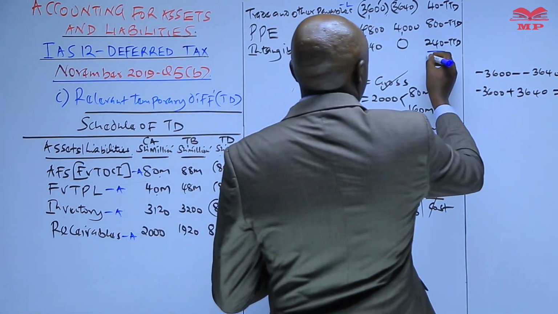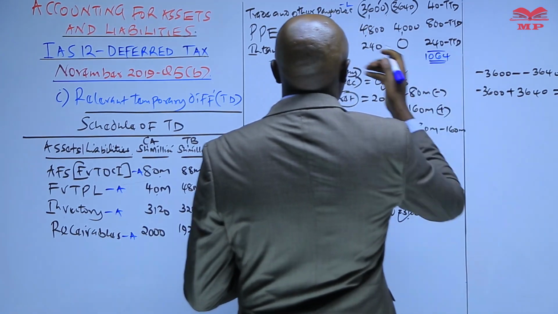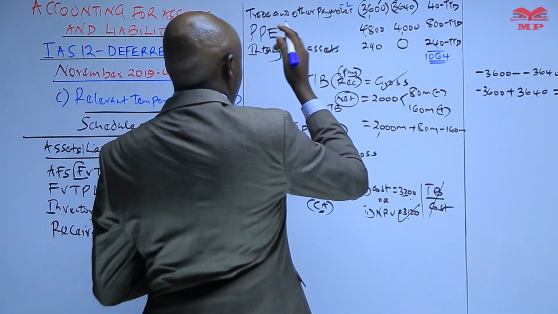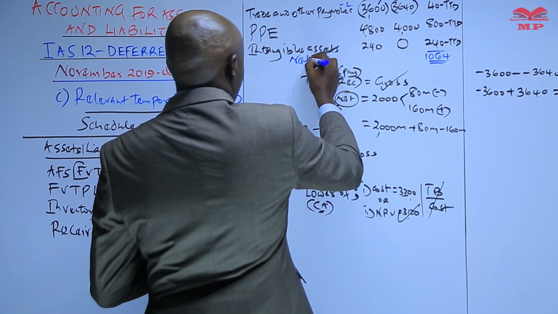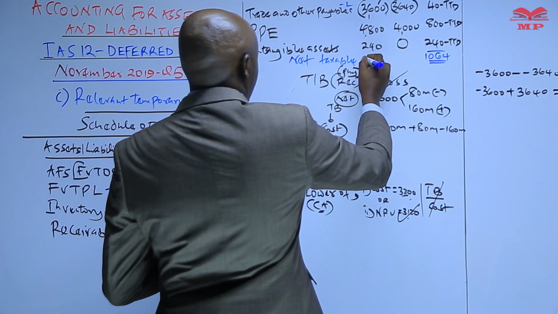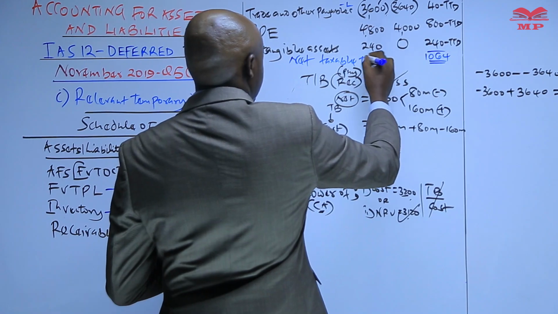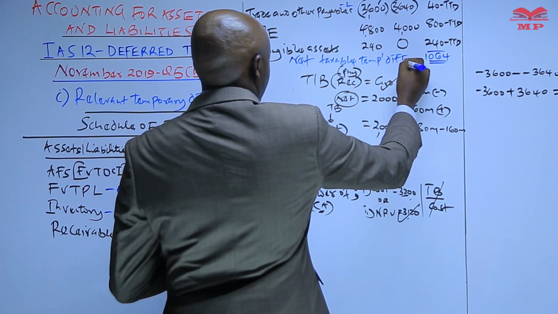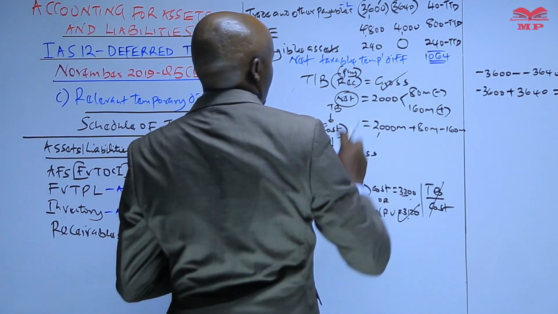So that will give us a final figure here of 1064, which is a positive, and that will be the net taxable temporary difference. Net taxable temporary difference.